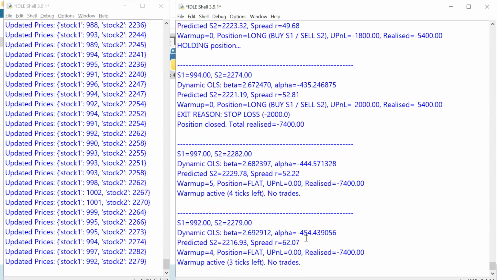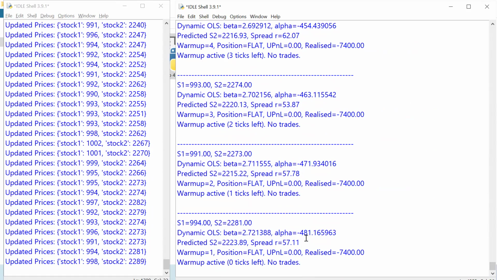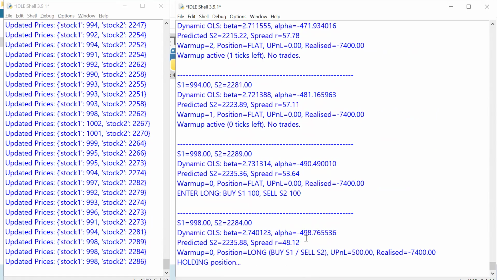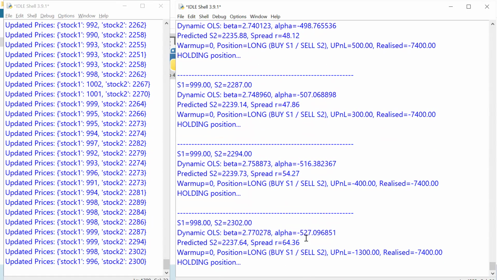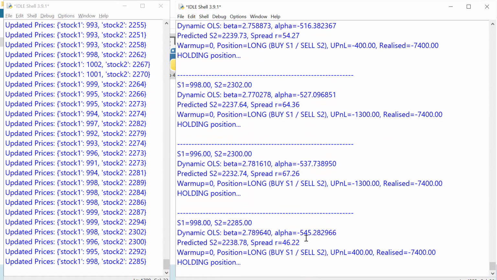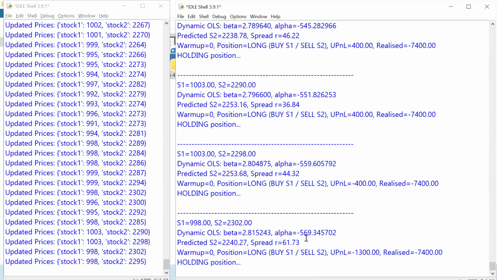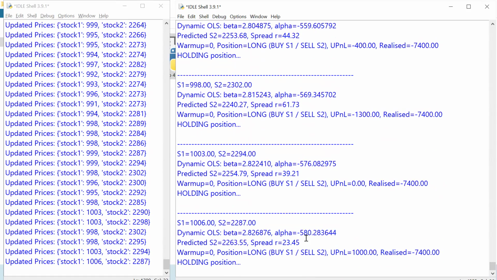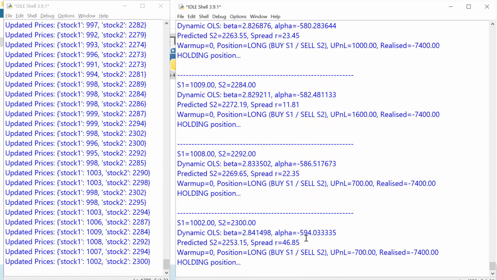We have to come out of the trade opposite because S2 is now trending. S1 is standing in the same place. We enter the same trade again. Buy S1, sell S2. Almost there.